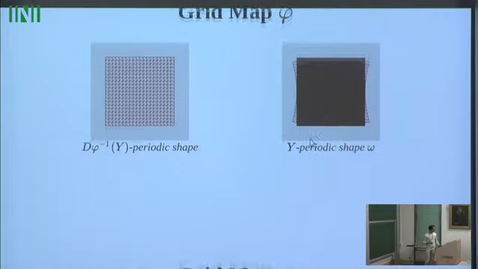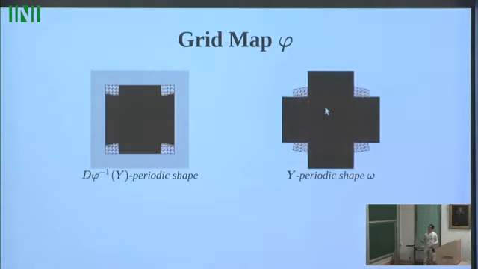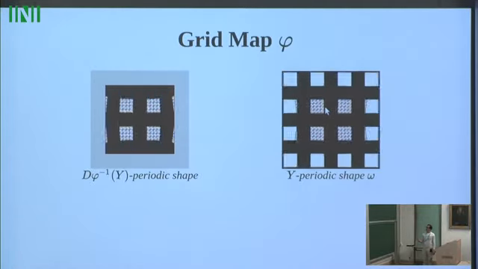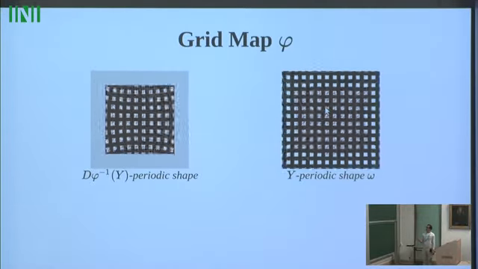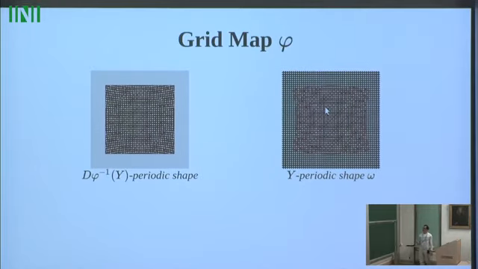This is the kind of thing that we obtain. On the left-hand side it's epsilon omega, and here is the shape once it's pulled back.